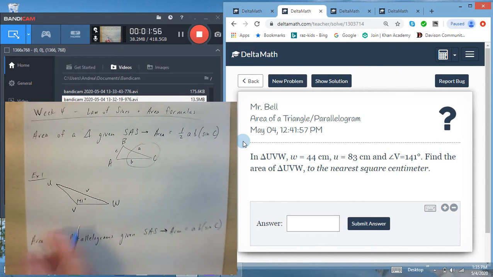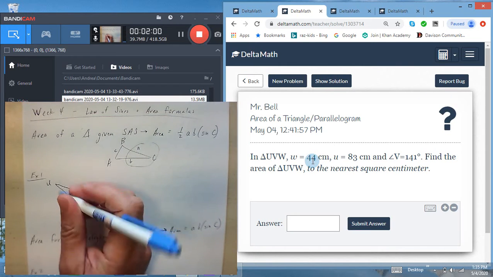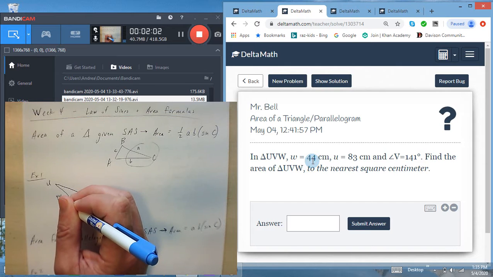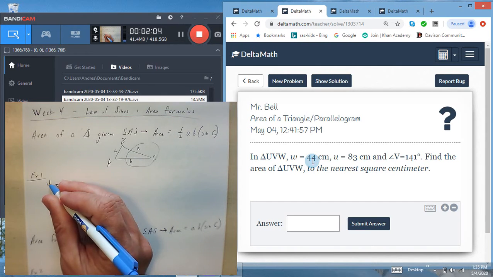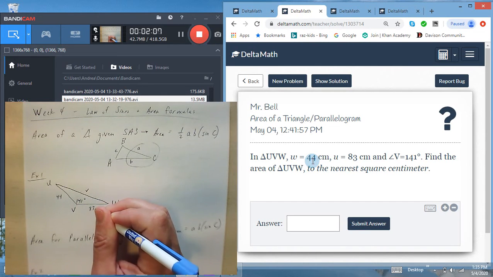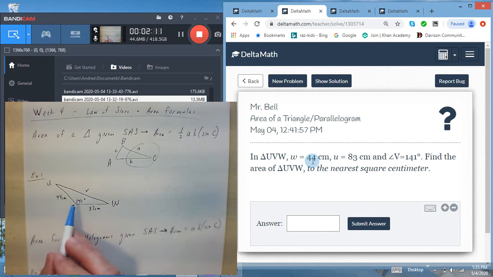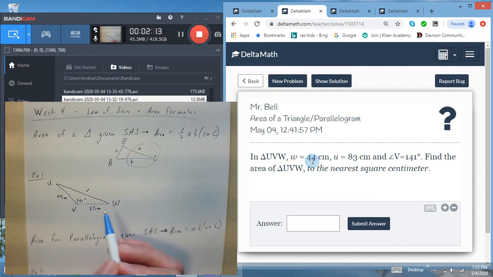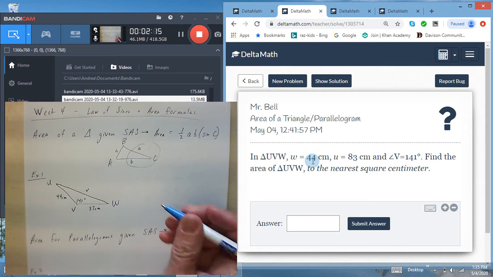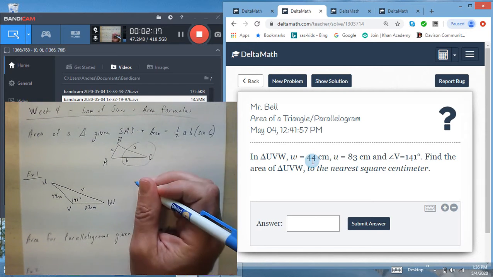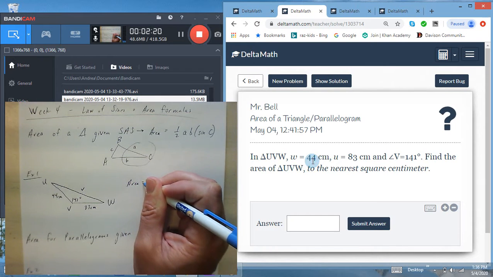Okay, so it says side W is 44, so that's going to be directly across from that, 44 centimeters. And then opposite U is going to be 83 centimeters. Okay, so if you draw the sketch correctly, it looks pretty obvious that this is a side, angle, side scenario. So we're ready. Let's just go ahead and dump everything in and then go to our calculator.